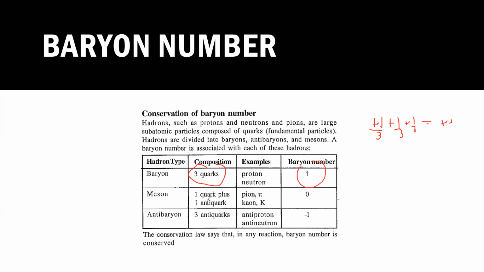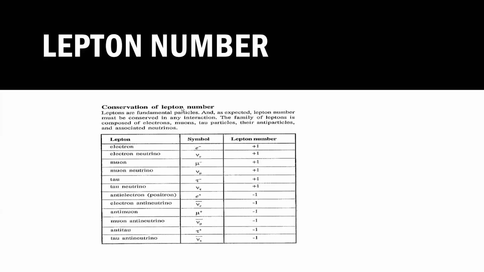For a meson, because it's a combination of a quark plus an anti-quark, it is 0. And for an anti-baryon, all anti-quarks are there, so that will be minus 1. When we check lepton number, the lepton number for each lepton particle is plus 1, and for all the anti-particles it is minus 1.